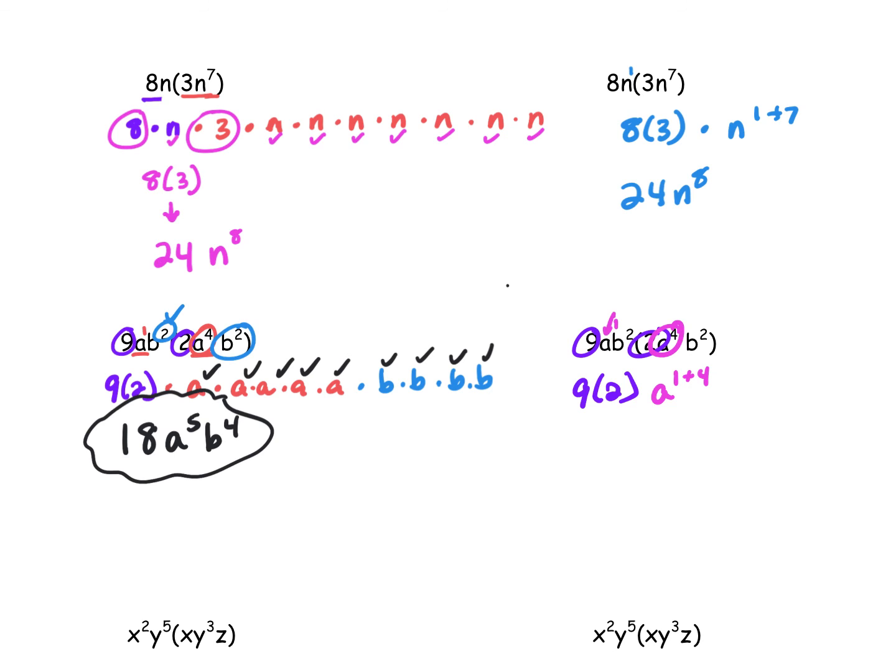Now I'm going to go with the b's, and I have b to the 2nd power here, and b to the 2nd power here. Everything's being multiplied, which means that as long as they have the same base, I can add the exponents. So 9 times 2 is 18. The base of a, 1 plus 4 would be a to the 5th, and the base of b, 2 plus 2 would be 4. We get exactly the same answer.